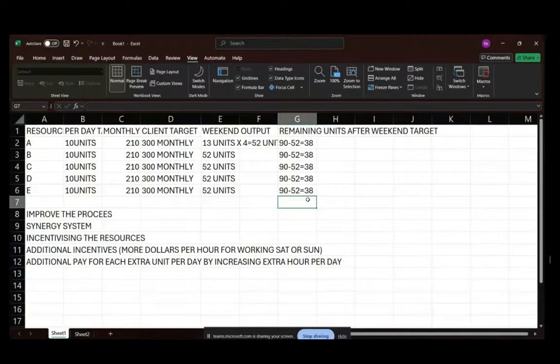Why do you put 21 days? Because we work 21 days, right? Yeah, correct. Okay, 210. Now copy and paste for each of them. It will not drag. You drag, it will come as, okay, that's fine. It's coming. Now can you zoom in a little bit?